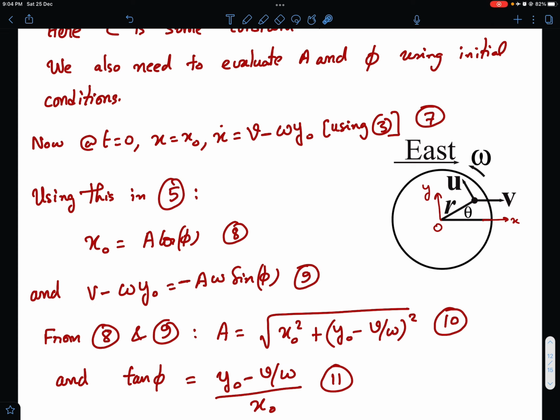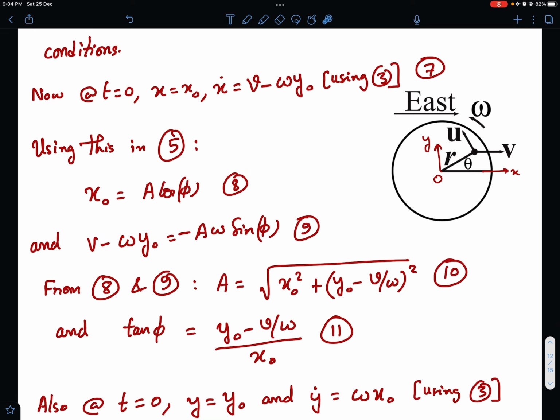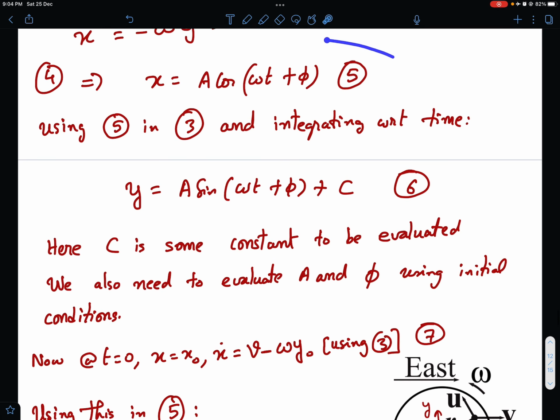This you can readily see. Okay, so that is your tan phi, because if you divide sin phi by cos phi, you will readily get tan phi. Okay, so now I have completely worked out the motion of the particle in the x direction. So I know a, I know phi, and I know that the motion is a cos omega t plus phi. So x direction we are done.